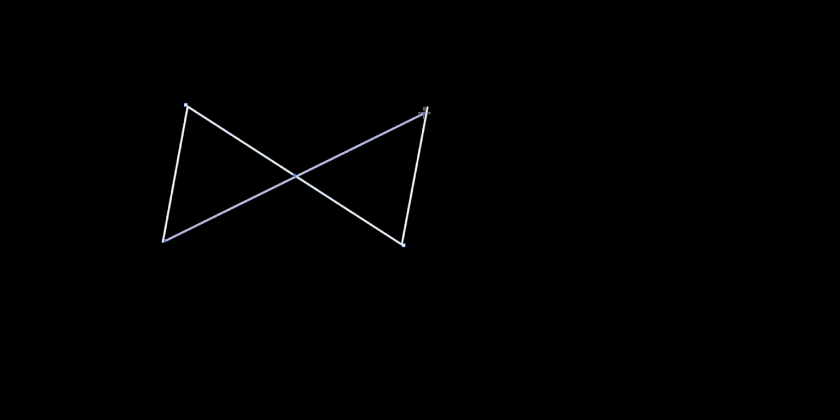So let's find one. 12. Let's see, 12's already done, oh, well, I'll give you a quick hint. I won't get as involved on this one as we did on the last one. It's kind of the same as the other one.